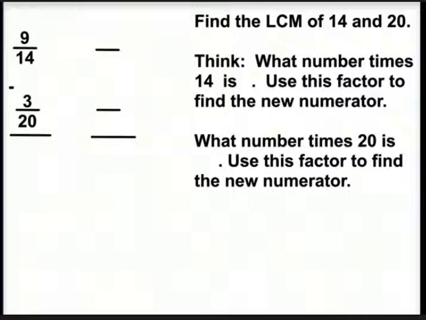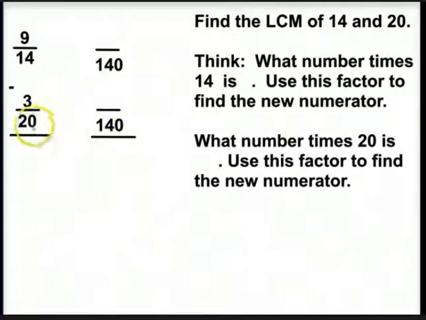Okay, and then start the video again once you've found that common denominator. And, yeah, this was a big one. 140. When you look at 14 and 20, the first multiple they both share is 140.